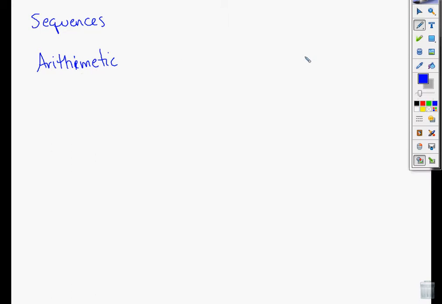Oops, there's no E in there. Arithmetic. I can't spell either. You may have heard somebody pronounce it differently, because you spell arithmetic and arithmetic the same way, but it's actually an arithmetic sequence.